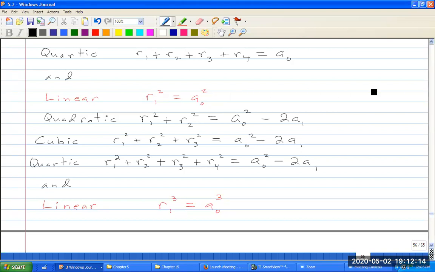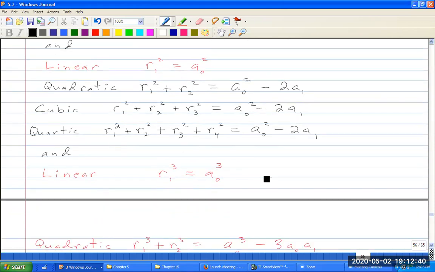It only gets the first part of the formula correct, then the other parts are going to be 0. Now for quadratic, cubic, and quartic, notice that the sum of the squares of their roots is always equal to A sub 0 squared minus 2A sub 1. So this is a universal sort of pattern.